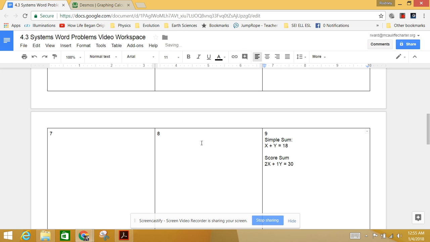So this is a great candidate for elimination because we've got coefficients that match up here. This coefficient is 1 just like that. I don't need to write the 1, but I put it in there to remind you that that's what it is. And I can just subtract. In fact, for this one, I'll go ahead and solve it. If I subtract, I get X, since Y minus Y cancels. X equals 30 minus 18. 30 minus 18 is 12.